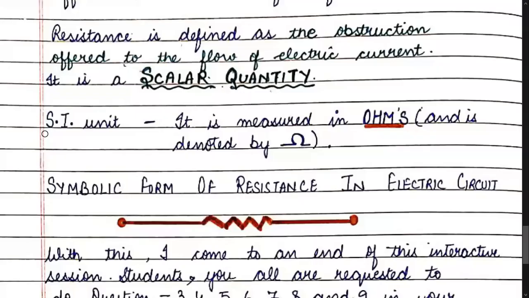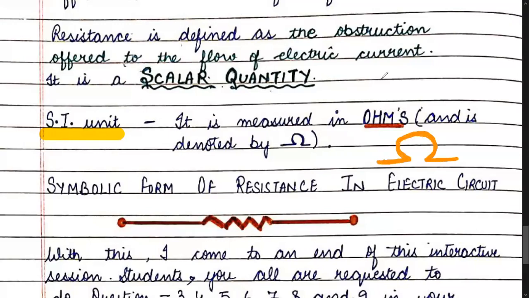Now let us learn the SI unit of resistance. Students, resistance is measured in ohms and it is denoted by a Greek symbol, omega, which is the symbol for ohms. So the resistance is measured in ohms.